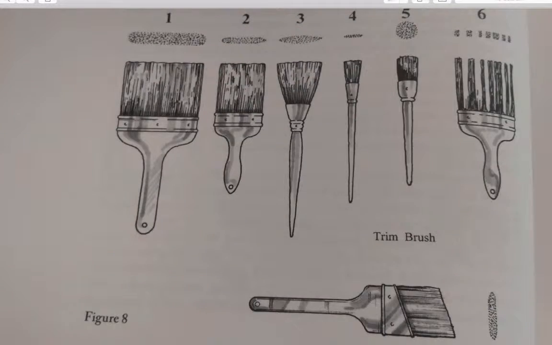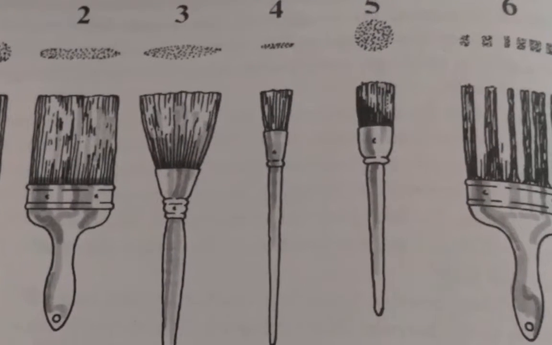Number 5 on my image here is a stencil brush. Notice how the effect of the brush shown above the brush has a very rounded result, whereas the Fitch has a very skinny line. So that's why the Fitch is used for lining and laying out specific details.